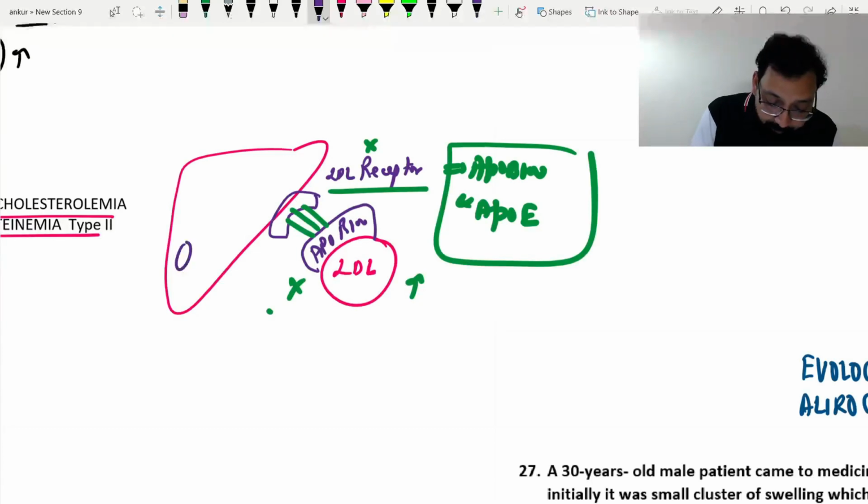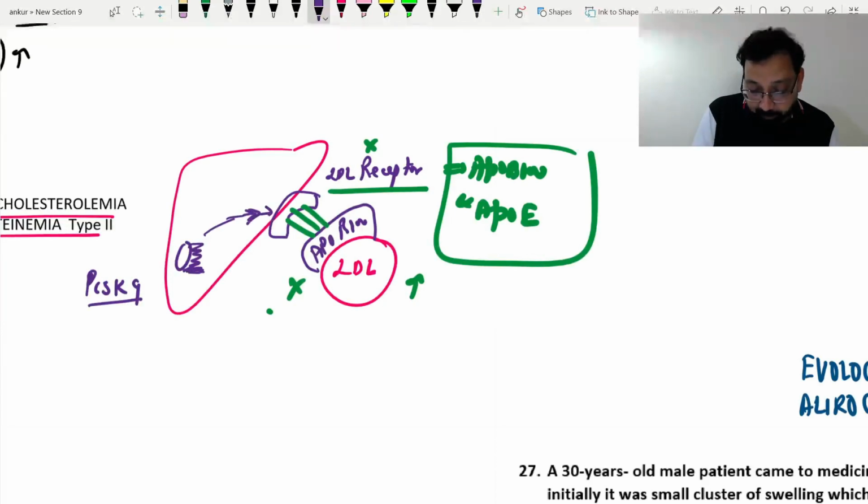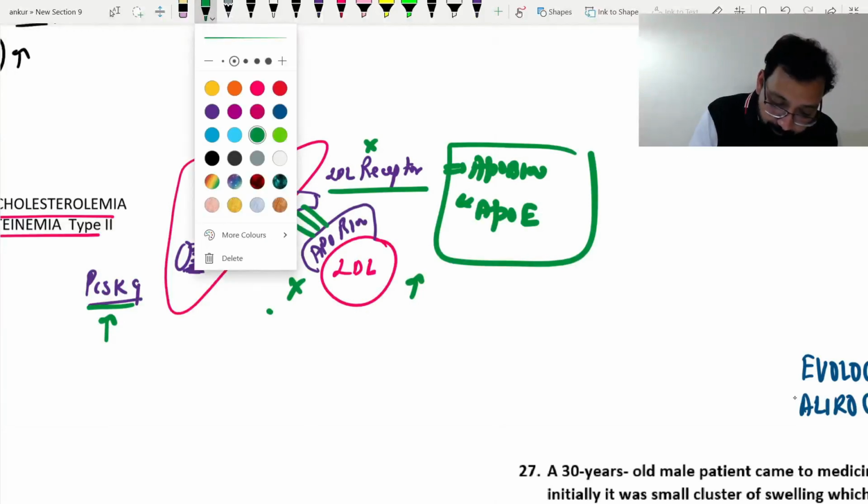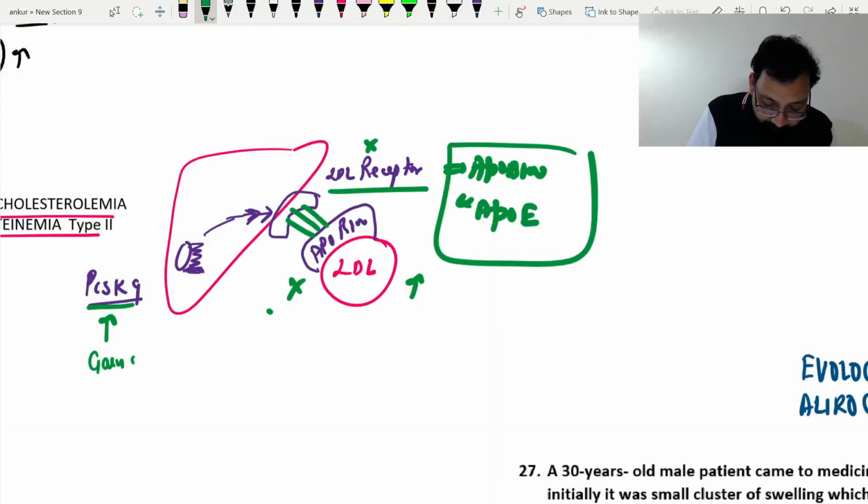There is a protein, PCSK9. This PCSK9 has the property that it degrades the LDL receptor. If the function of PCSK9 is increased, this is a gain of function mutation.